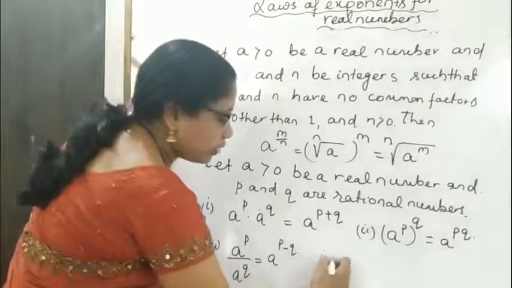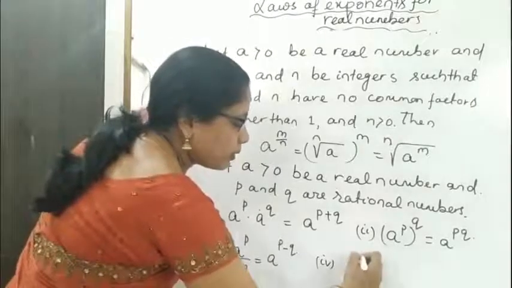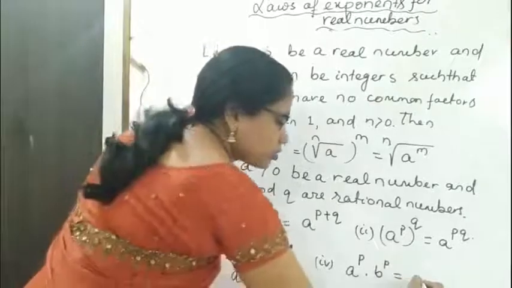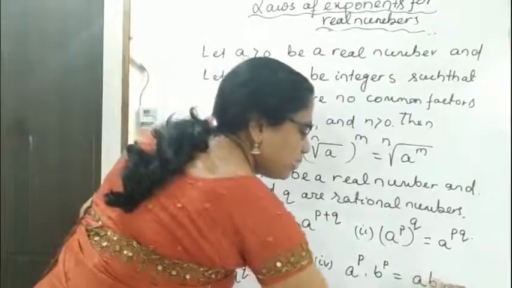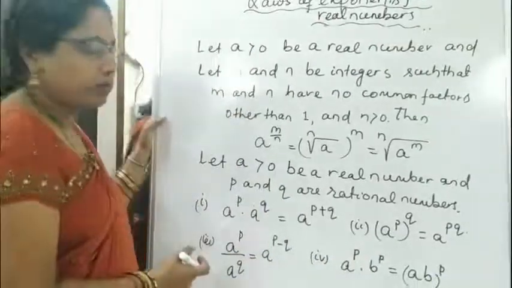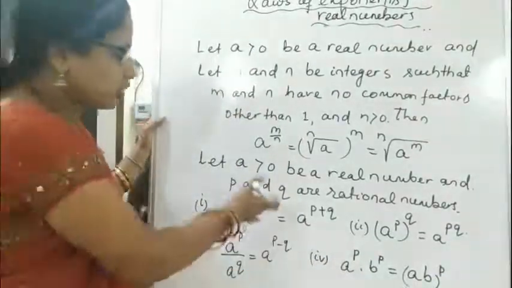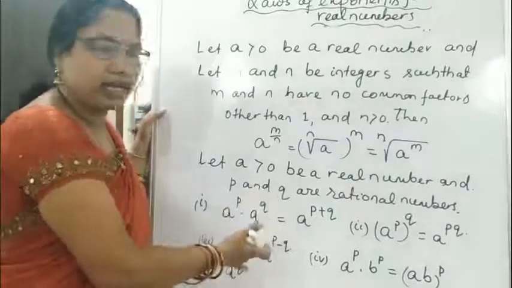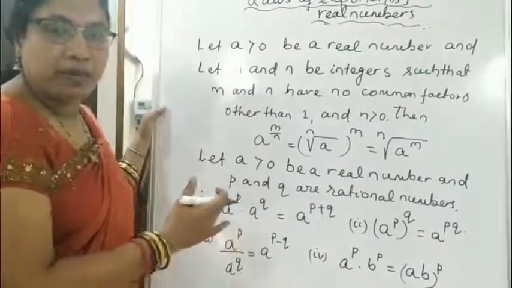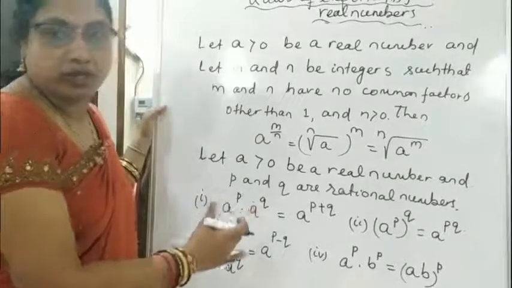And the fourth one is a to the power p multiplied with b to the power p is equal to ab whole to the power p, where b is also a positive real number. So these laws can be extended to simplify expressions having rational exponents.